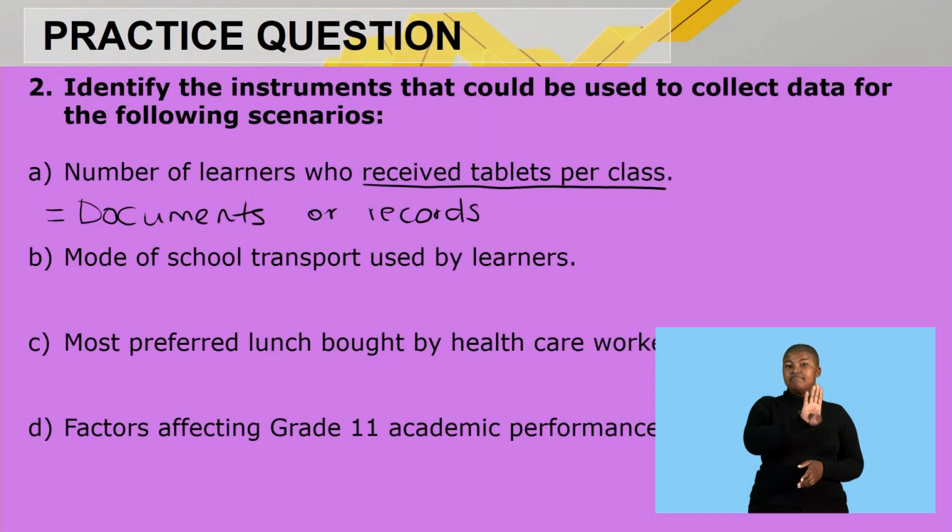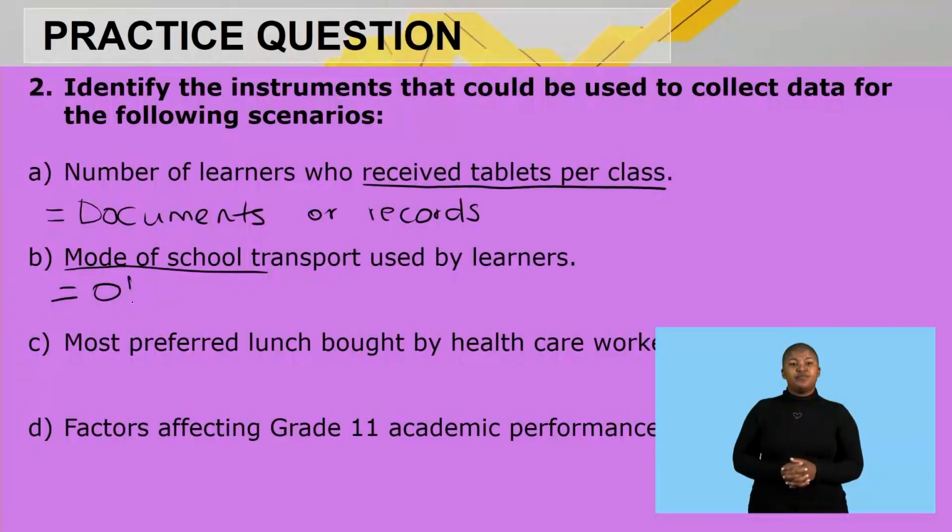Number B, mode of transport learners use to get to school. Mode of transport could be through observation. The head of department or the principal can stand at the gate and observe the mode of transport that learners use to come to school.